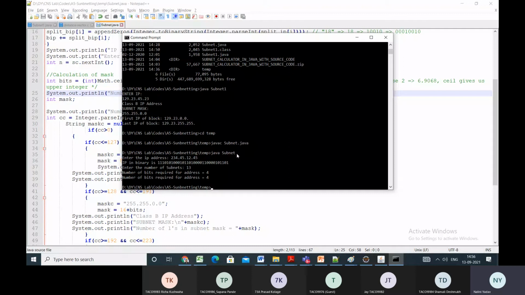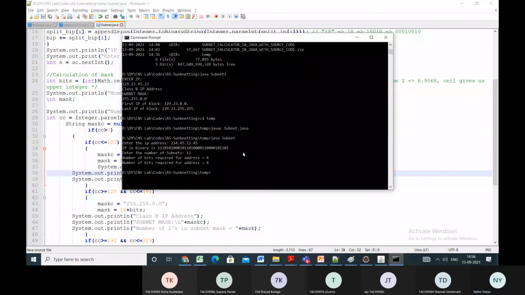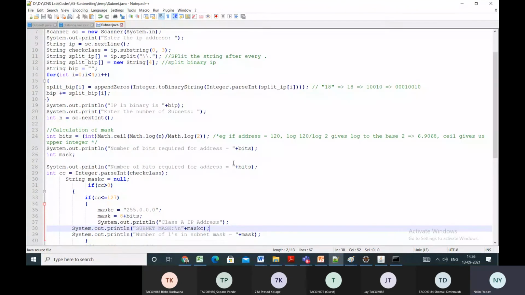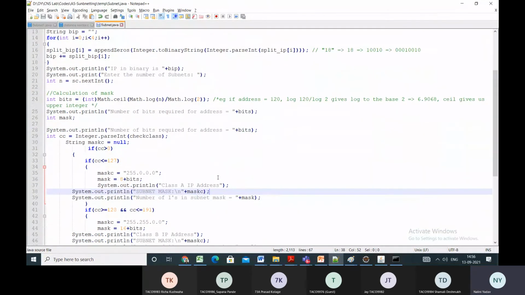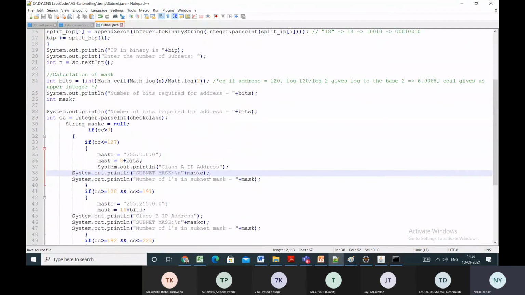Why? Because 2 raised to 4 is equal to 16, which is nearest to 13. So the number of bits required for the addressing is going to be 4. Right? So this is how my calculation will be done over here. We can even continue this code with finding the classes also. That is also done over here.